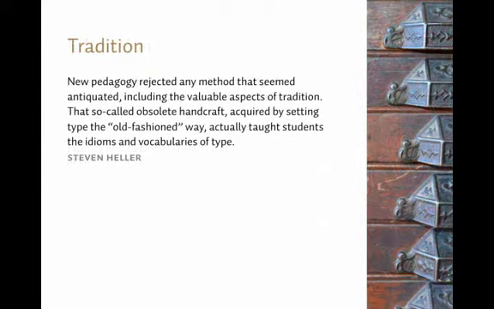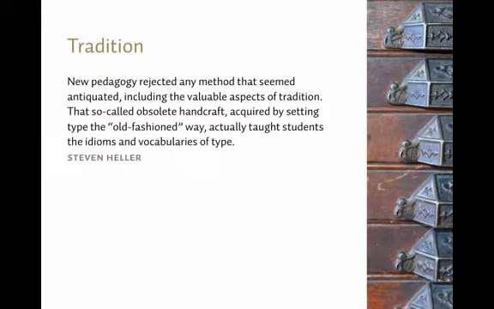Under the category of tradition, Heller mentions the idea of a new pedagogy promoting the typographic equivalent of abstract expressionist art. His essay was written in 2004. He believes that this new pedagogy rejected any method that seemed antiquated, including the valuable aspects of tradition.